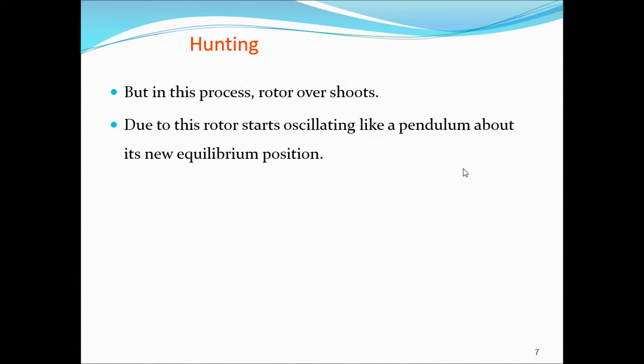That means it does not come to its new position suddenly; it oscillates before reaching the stable position.